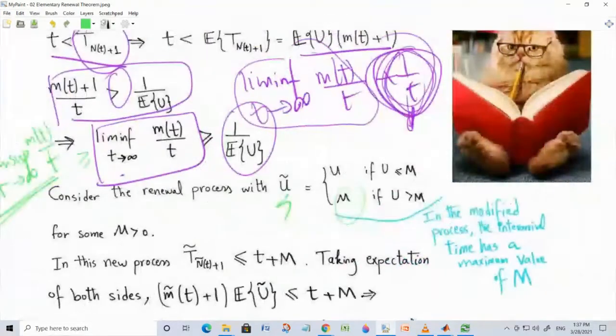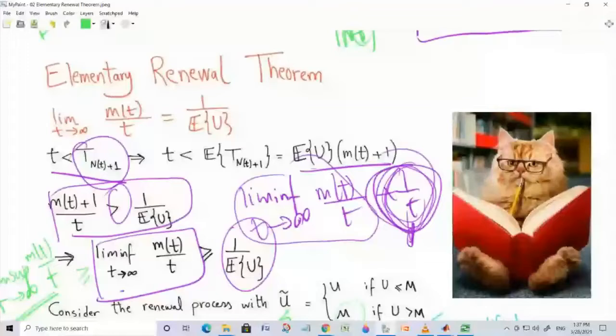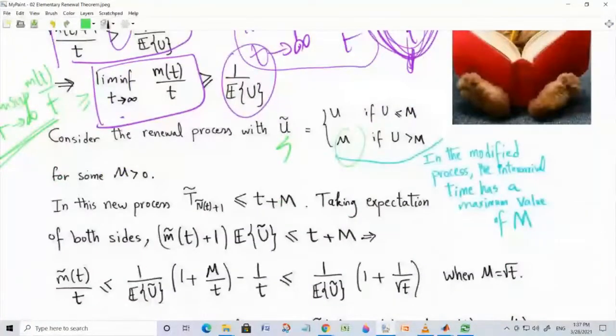Okay, so let's study this. The idea is that here we have an inequality that looks like this, and you want another inequality in the other direction.